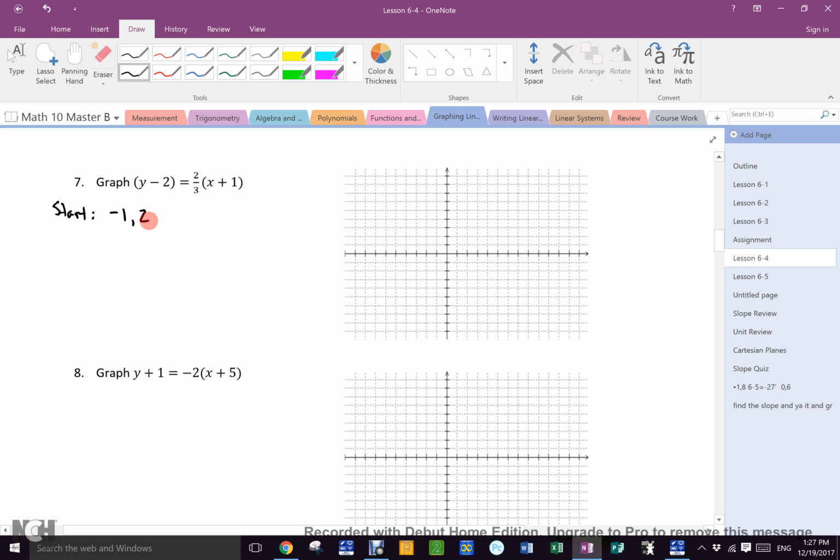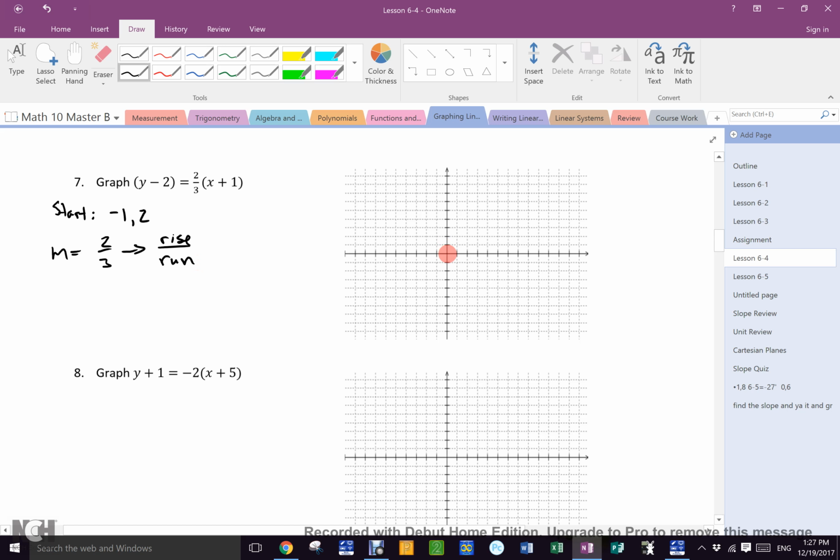Now, I explained yesterday why it's -1 and +2. If you don't remember, that's okay. If all you remember is the fact that the signs need to be reversed, that's fine, because that'll get you through. All right? So I start there, and then I have my slope of 2/3, which means, of course, rise over run. So I put my dot at -1, 2.